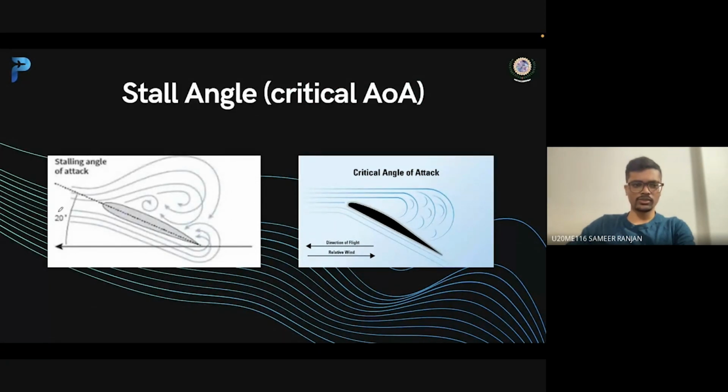In this condition, it is 20 degrees, after which the stream flow at the upper surface of the airfoil is separated, and it creates turbulence due to which it is incapable of generating lift. So it is advised to keep the angle of attack below this critical angle so that the stability of the aircraft is maintained.